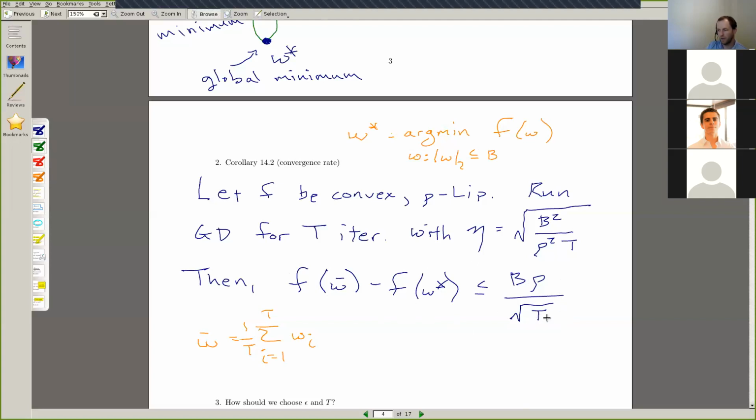So if we increase the number of iterations, increase T, this distance will go down. If we increase the rho value, the Lipschitzness, the distance will go up. And if we increase B, increase the range that we're searching over, the distance will also go up.